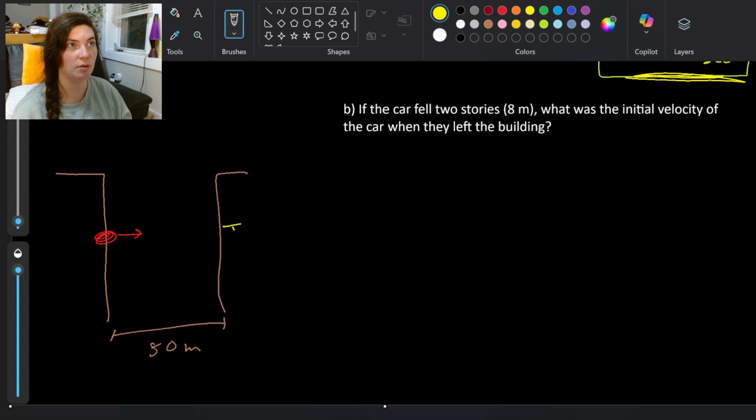If I know that this car falls by 8 meters, about 2 floors, what's the initial velocity? So not leaving at top speed. Let's see how fast this thing is leaving if it falls 8 meters instead. I want you to go ahead and try this on your own, see if you can get the initial velocity, and then we'll talk about it.